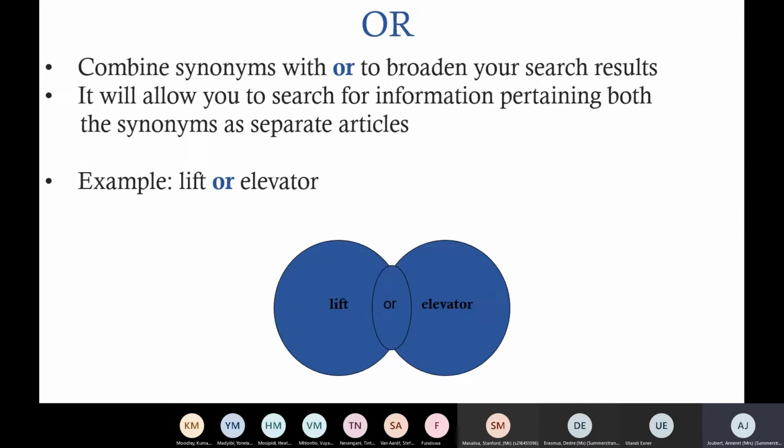When you use or, you combine synonyms to broaden your search results, and it will allow you to search for information pertaining to both the synonyms as separate articles. So if you look for lift or elevator, you will find different, separate articles. Both the keywords will not be in the same article, they will be in separate articles.